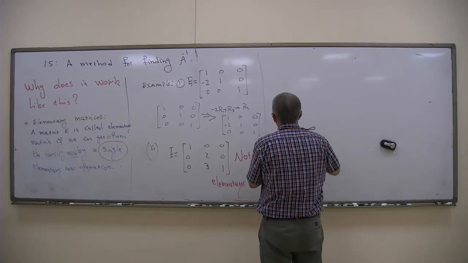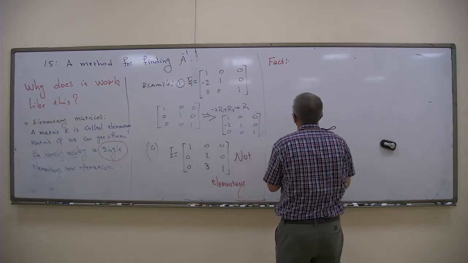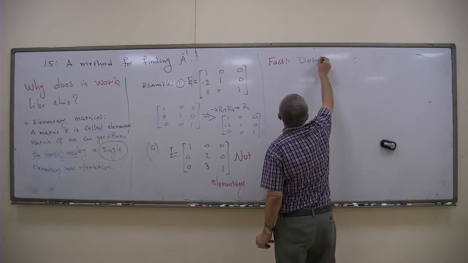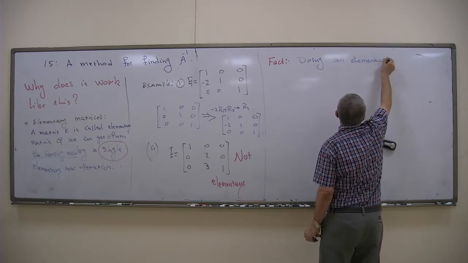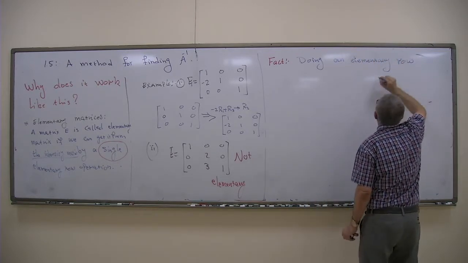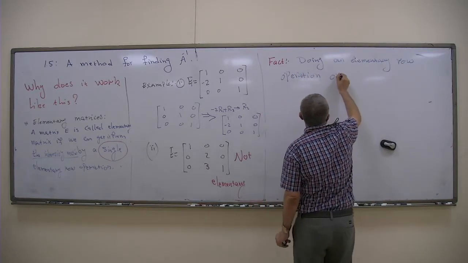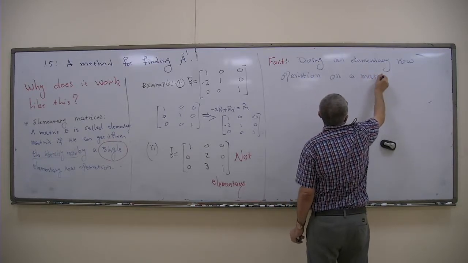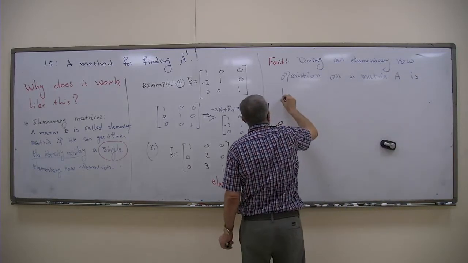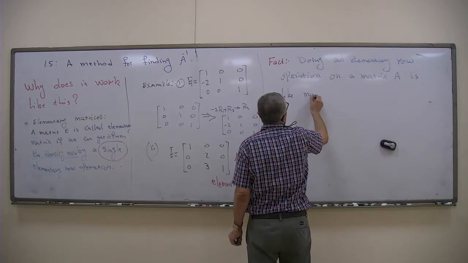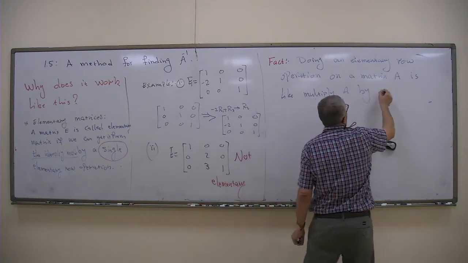Fact: doing an elementary row operation on a matrix A is like multiplying A by an elementary matrix.